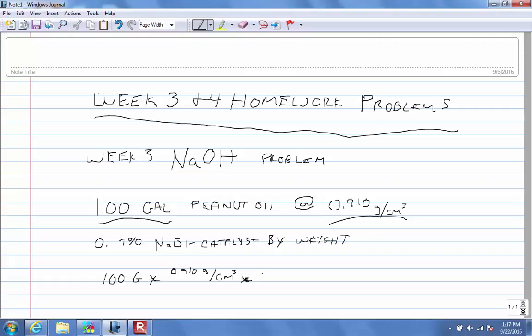You're going to need some sort of a reference to tell you what this number is, but having already done that, I know that it's 3,785.4 cubic centimeters per gallon.